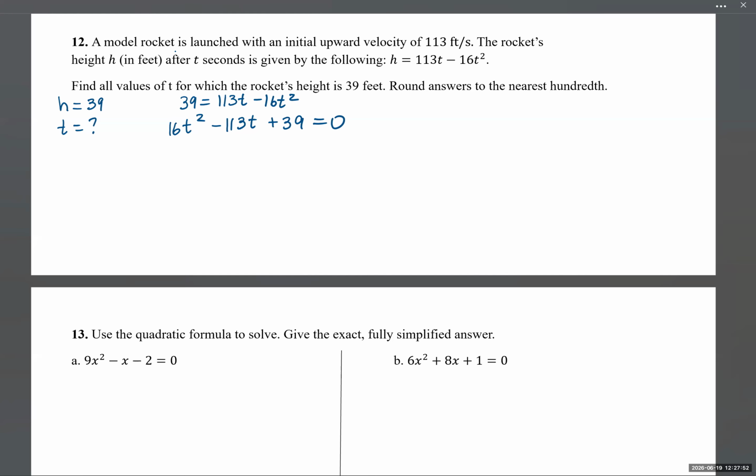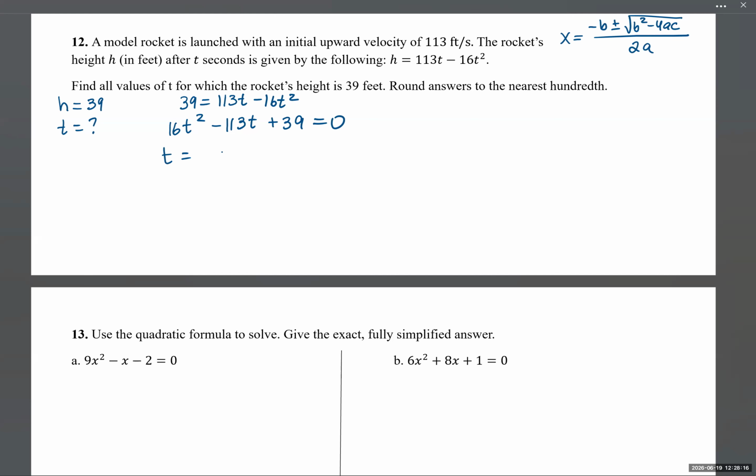Now that it is in standard form, I can solve it. This one is probably not factorable, so we'll utilize the quadratic formula. Just in case you forgot, x equals minus b plus or minus the square root of b squared minus 4ac, all divided by 2a.